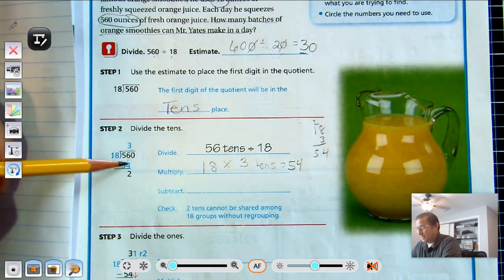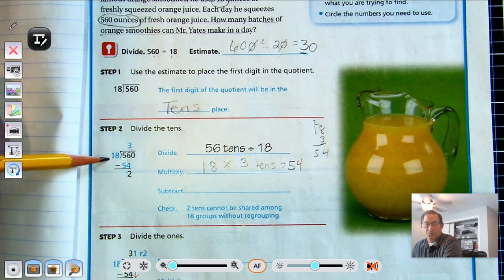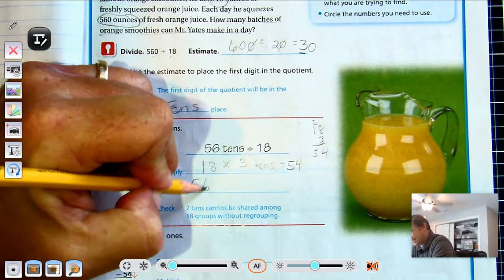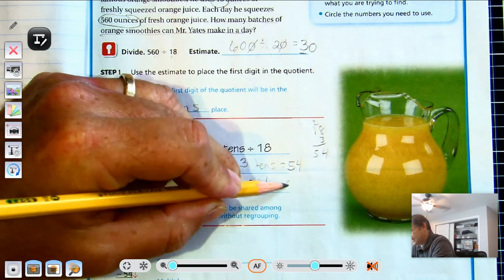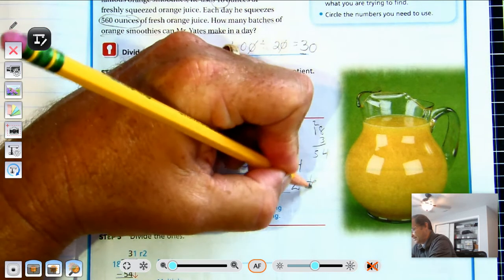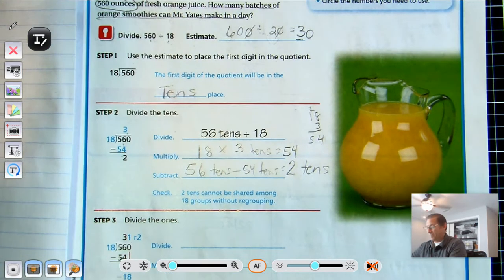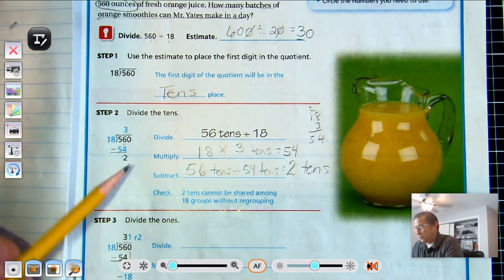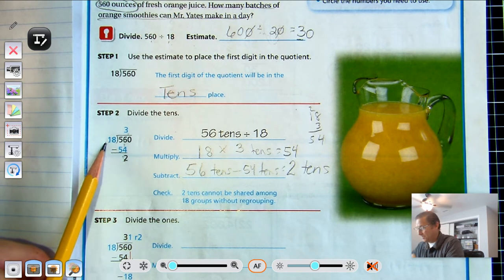When we subtract, we get 2 tens left, which can't be shared with 18 groups. So 56 tens take away 54 tens equals 2 tens. After you subtract, you're just going to check to make sure that the number you subtracted is smaller than the divisor.